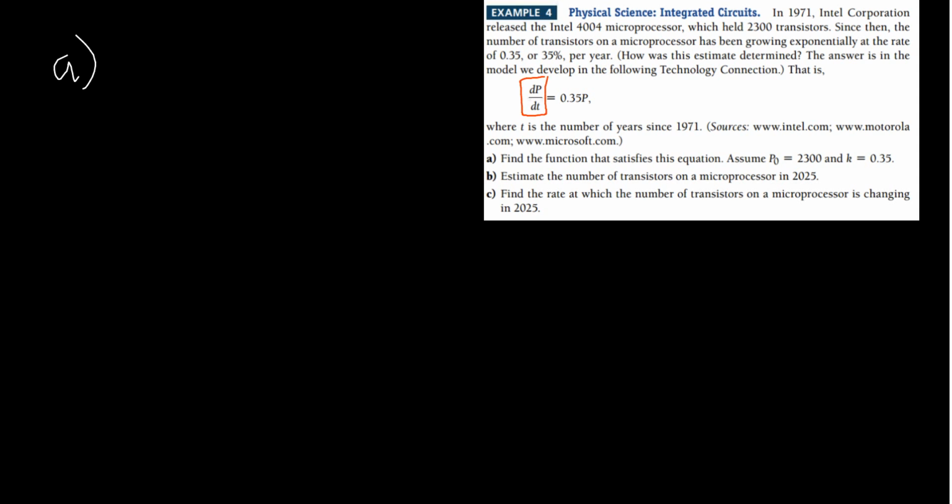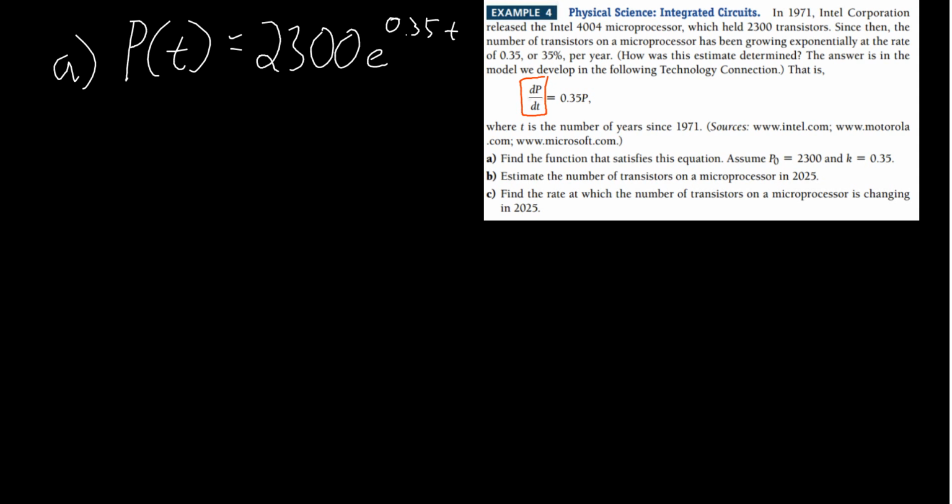Well, dP tells me that the function's name is P, over dt, which tells me that the variable involved is t, so P of t is equal to, well, we have the population, P naught, so that's going to go in place of the c from the first two examples, so 2300 times e raised to the kt. Well, we're told what k is. k is 0.35, and then t. That was pretty easy.